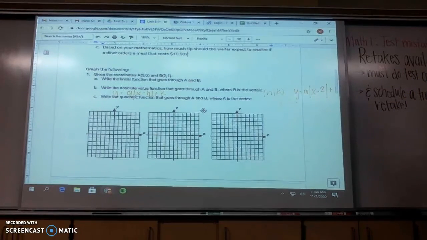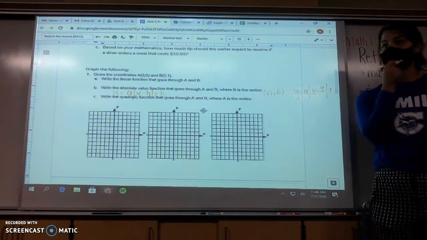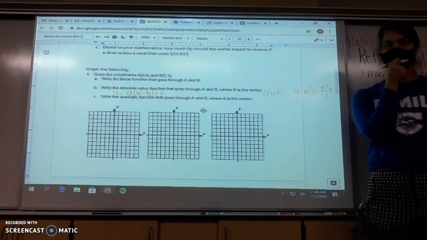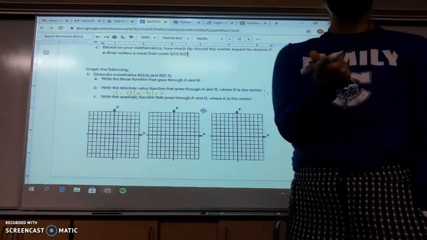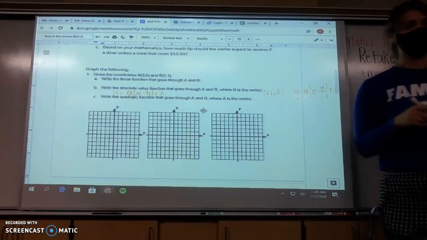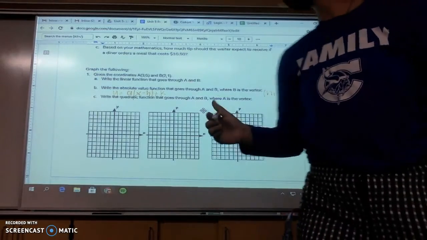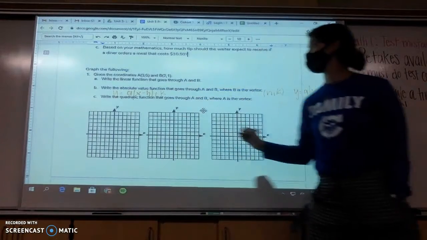Now I need my a value to figure out how to graph this. How do I find my a value here? It is slope, yes. But what I'm going to do is plug in my x and y value and then solve for a. So you're going to plug in your y value, which is your A coordinate.